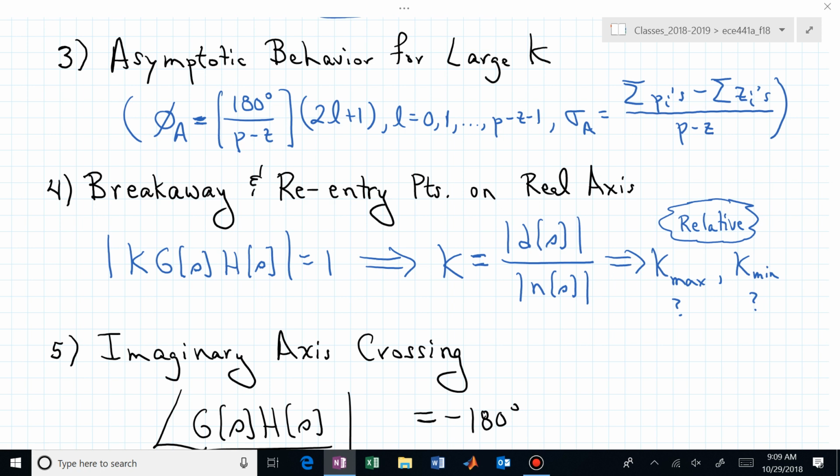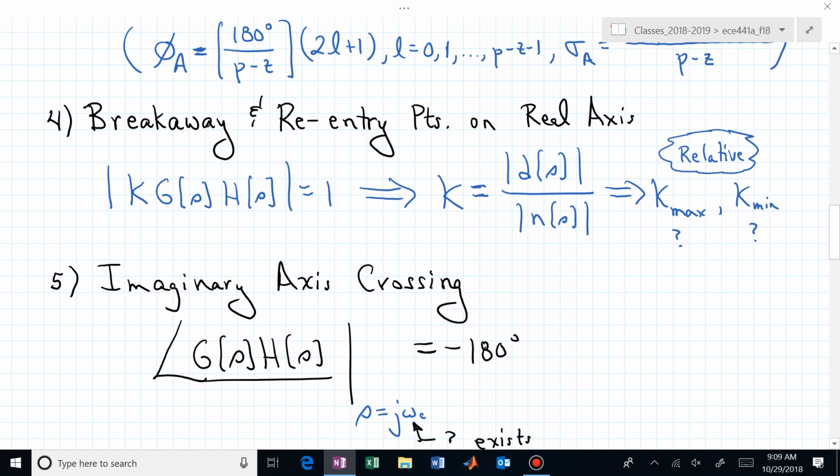If you plugged in different values of S in this expression for K, which is this ratio of the magnitude of our denominator factors divided by the magnitude of the numerator factors, you could plug in real values of S where you know your root locus belongs and look for relative mins and relative maxes of K. You could plot that picture of K and say, oh, there's a relative max. Well, then I must have a breakaway. Oh, there's a relative min. Oh, I must have a reentry on the real axis.